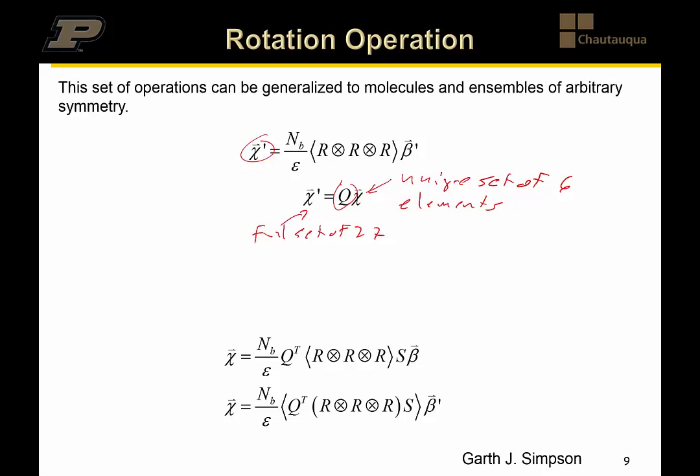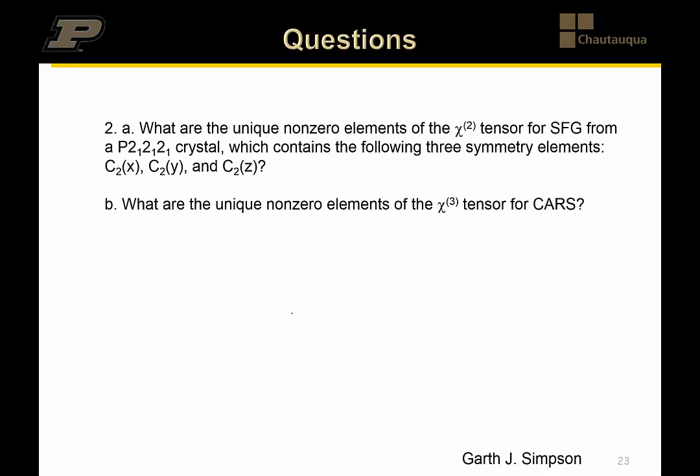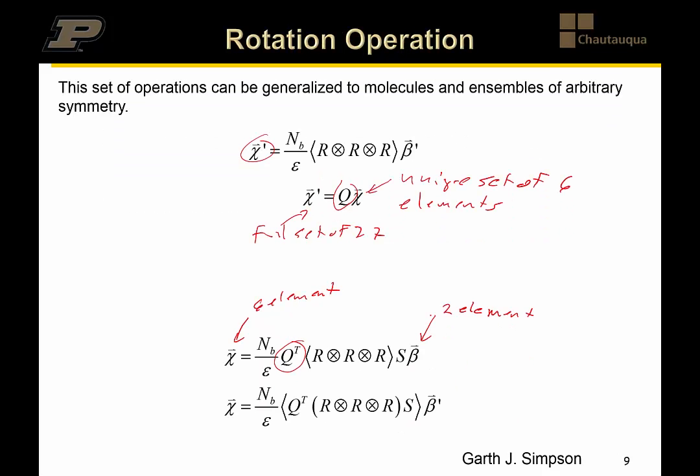And then we can take the transpose of that, and now what we have here is a 2-element vector on the right and a 6-element vector on the left, and then this 27 by 27 set of rotation matrices inside.